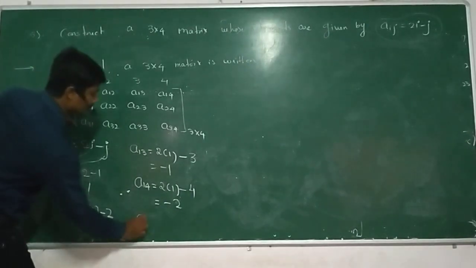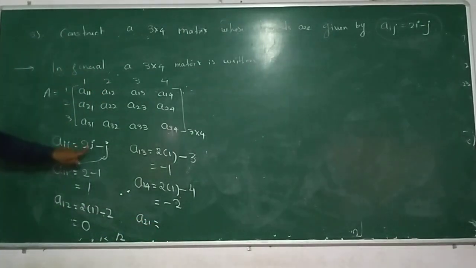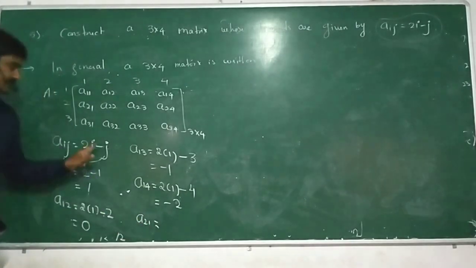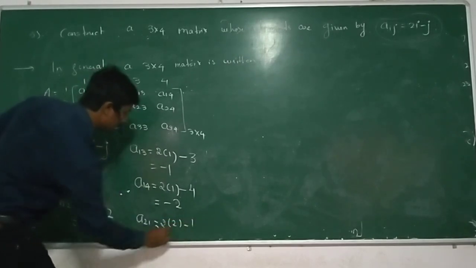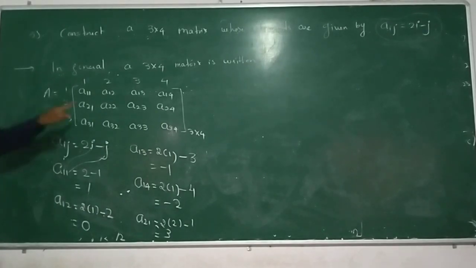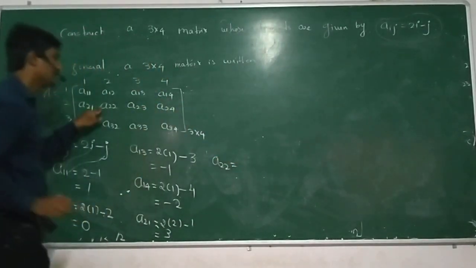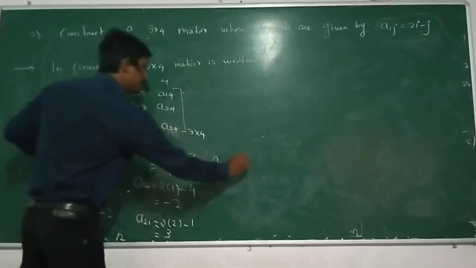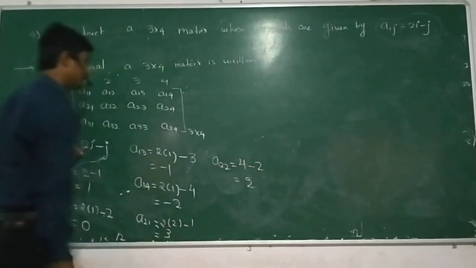Now A21. We need to put i value as 2 now. Aij, i value is 2, j value is 1. So this is 2 into 2 minus 1, it will be 3. Next, A22: i value is 2, j value is 2. So 2 into 2, 4 minus 2, this is equal to 2.